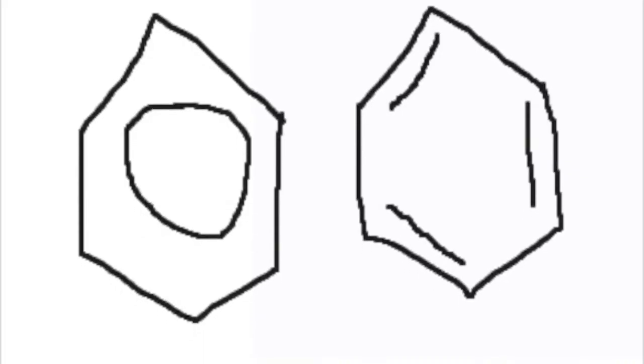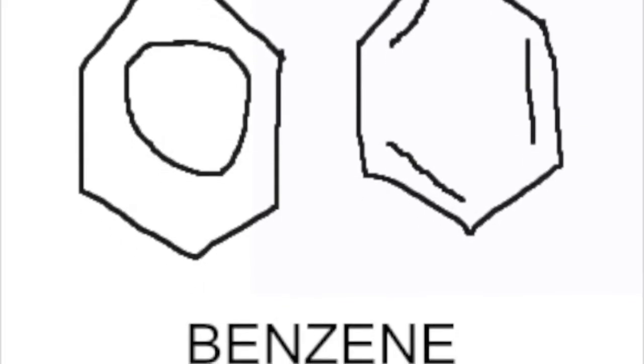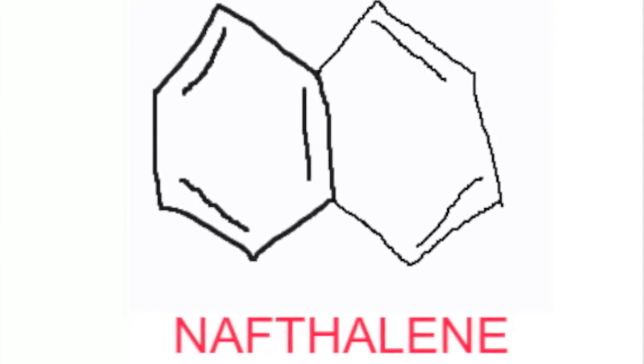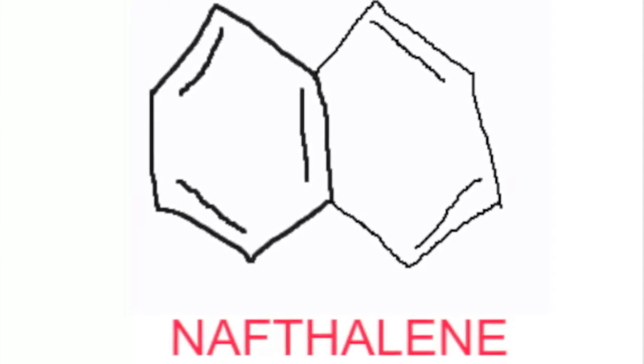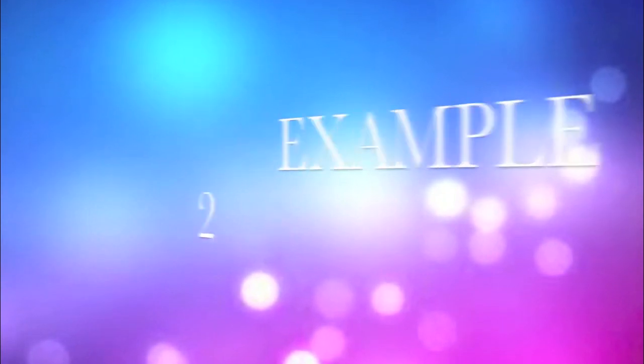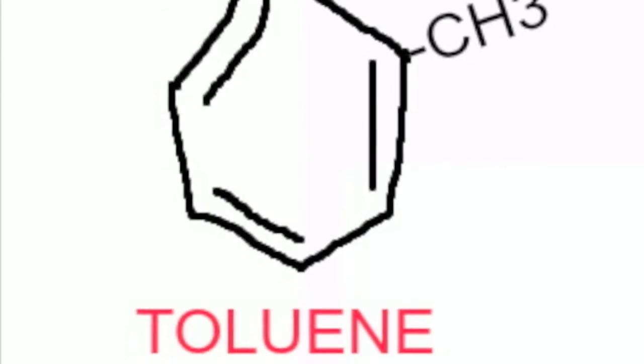Now let's move to aromatics. All aromatic compounds have a benzene. According to the position of the substituents, you add this to the name. 2 benzenes are naphthalene. Example 2. A benzene with a methyl is called toluene.